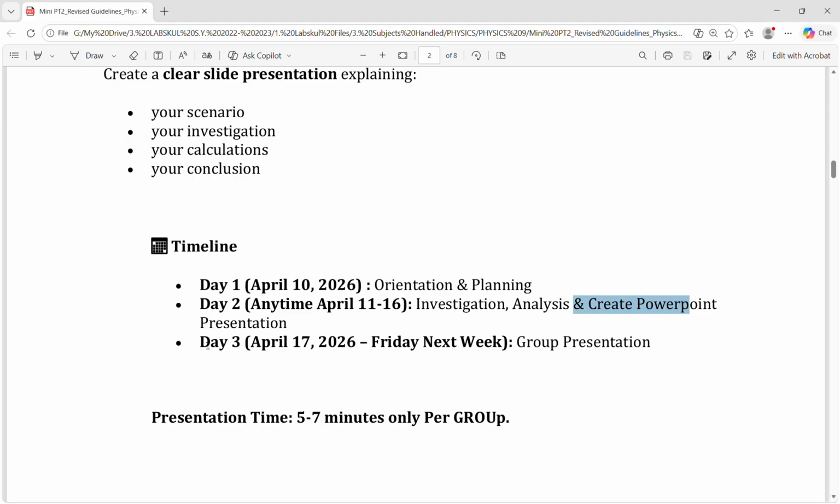Make sure you are ready for group presentation on April 17, Friday next week. By the way, on April 16, Thursday, make sure to send the PowerPoint presentation in advance to your respective GC so it is final and ready to present on Friday, April 17.